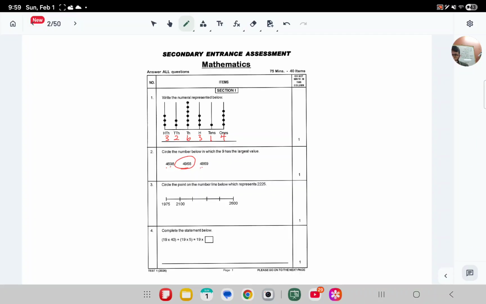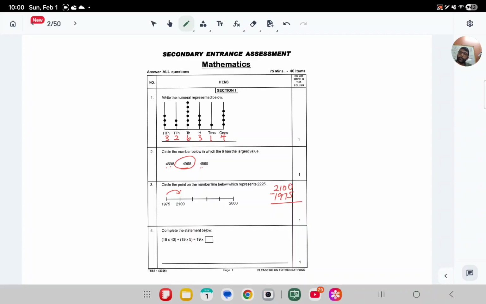Number 3, circle a point on the number line below which represents 2,225. So looking at the number line now, to move from 1,975 to 2,100, we have a difference of, let's find how much was added. We know the number line was increasing, so if it is increasing, we either add or multiply.